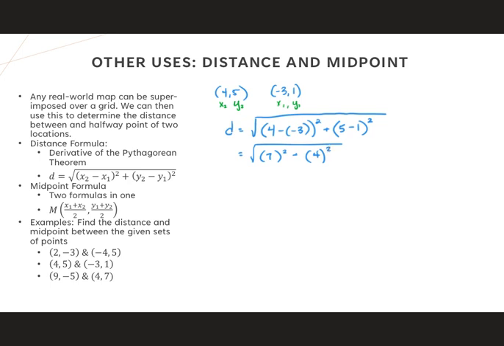That should be squared. So 7 squared is 49. 4 squared is 16. So the square root of 49 plus 16 is going to be the square root of 65. Now, 65 doesn't have a perfect square. If I put this in a calculator, I'm going to get like 8.1 whatever, or around there.